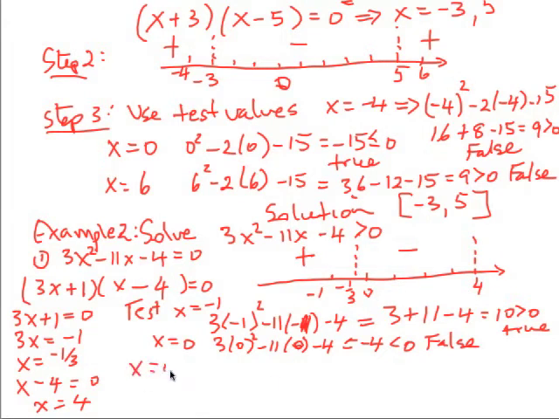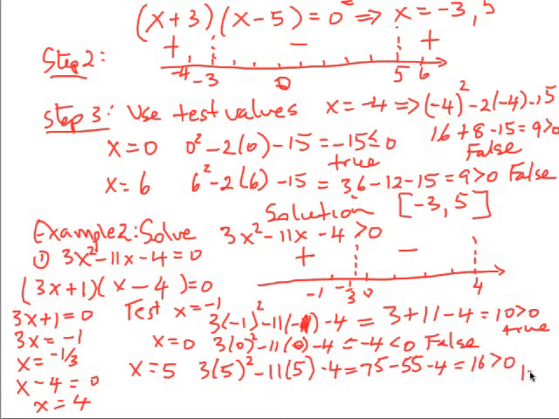Okay, when x is equal to 5, I'd have 3 by 5 squared minus 11 by 5, subtract 4. Okay, so this would be 75 minus 55 minus 4, so this would be 20, so this would be 16, which again is positive. So it's true, positive here.